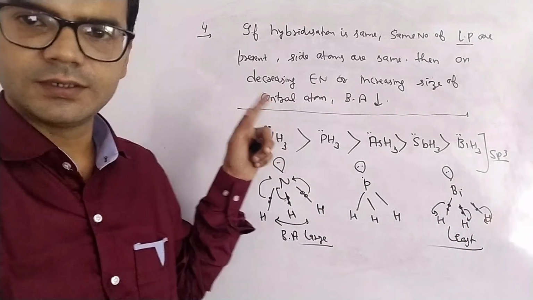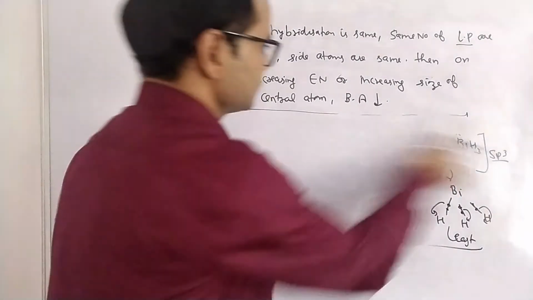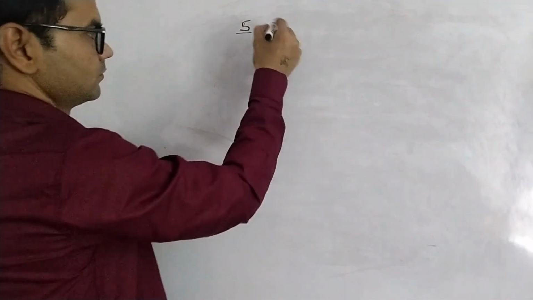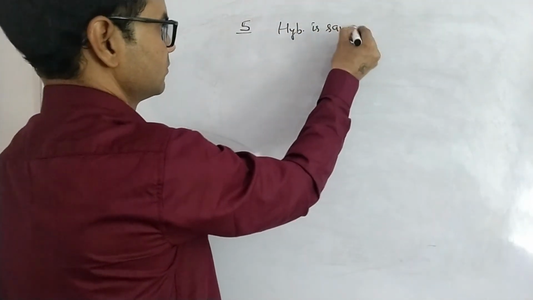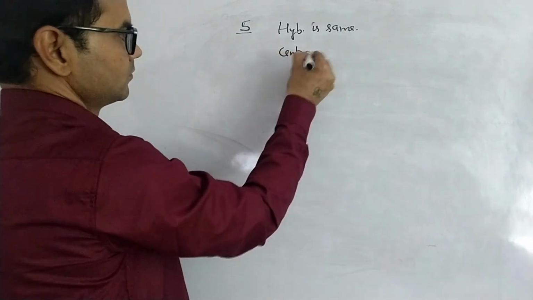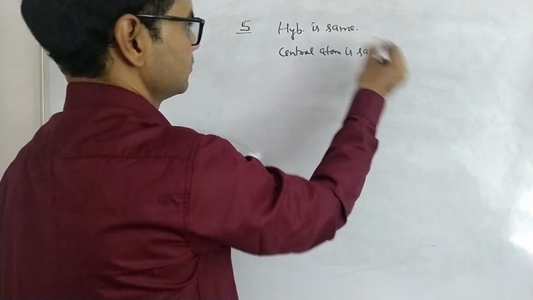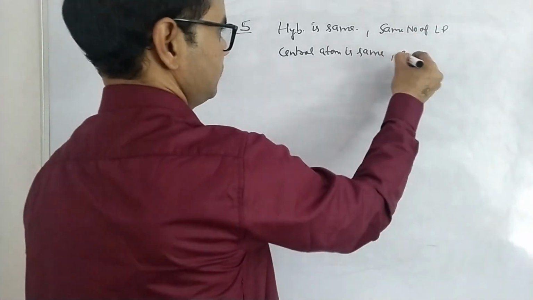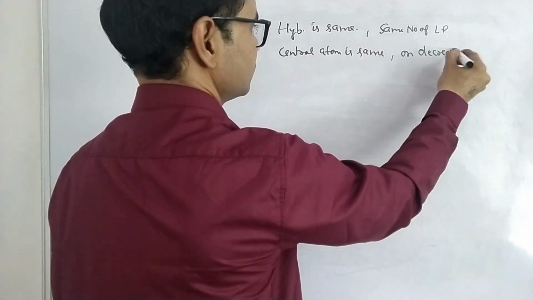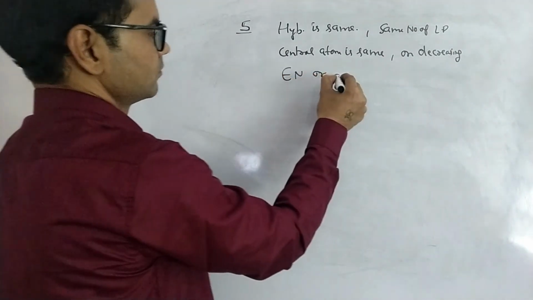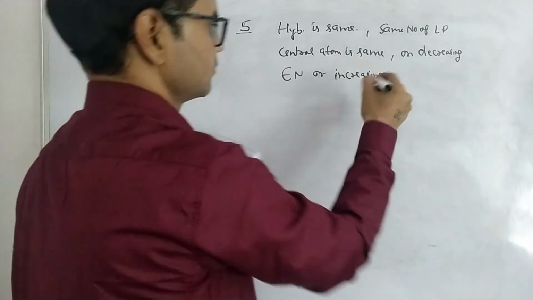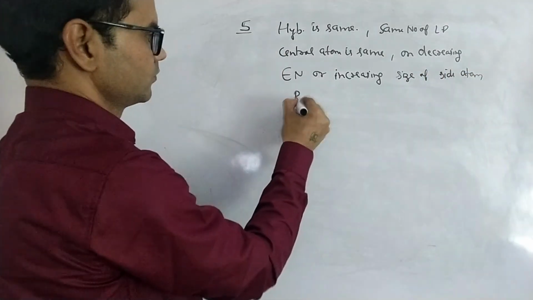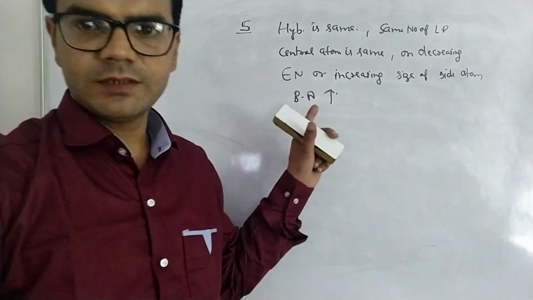This is rule number 4. Rule number 5 is just opposite of 4.